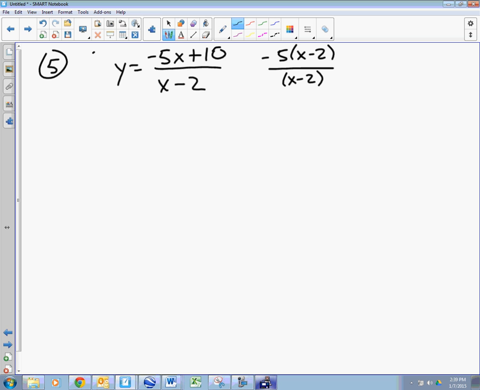Yeah, the x minus 2's cancel. So this graph wants to look like y equals what? -5, but there's a gap at the x value of 2. What would the y value be? At a value of x equals 2, what does the y value want to be? -5. So there's a gap at (2, -5).